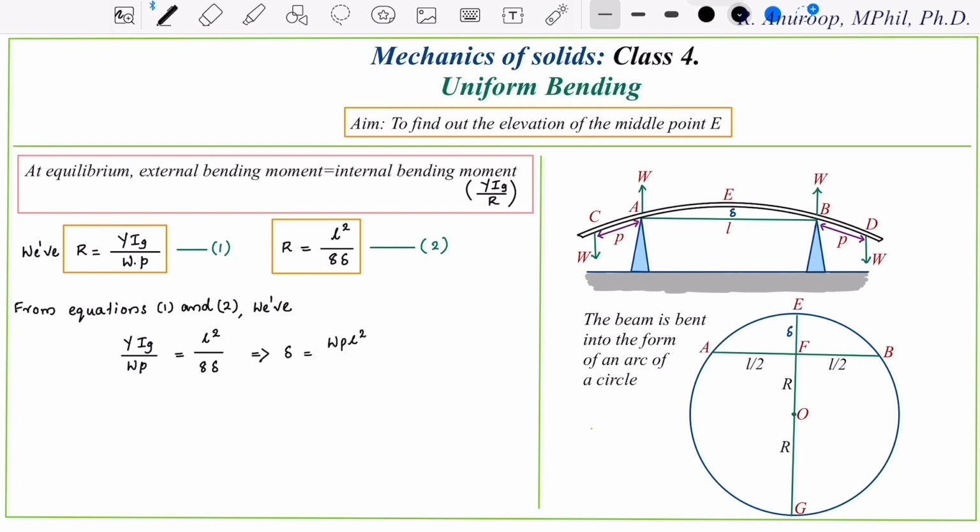So delta is equal to W P L square divided by 8 Y I G. Therefore, the elevation of the middle point of the beam, E, is delta, that is equal to W P L square divided by 8 Y I G.